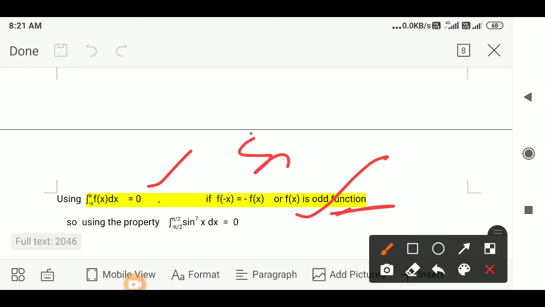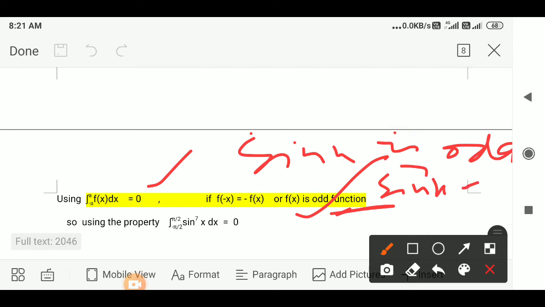Sin x is an odd function. So an odd power of sin x is again odd. If it is an even power, then it will be even.